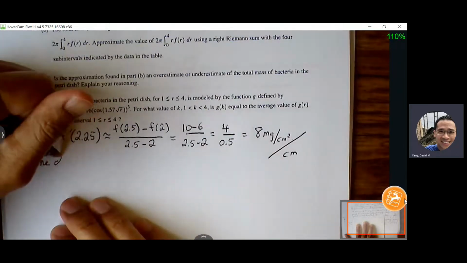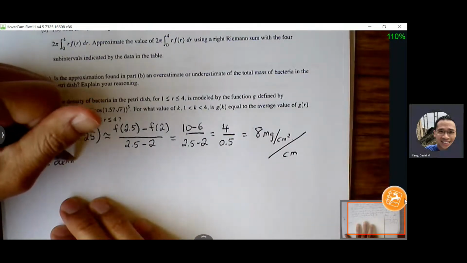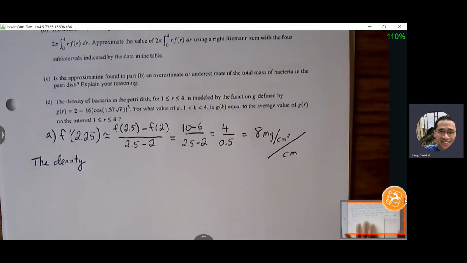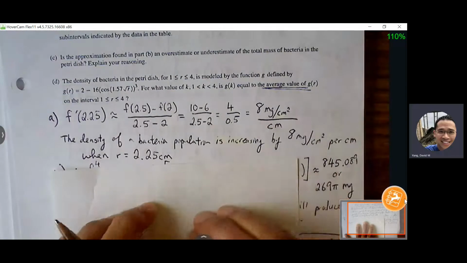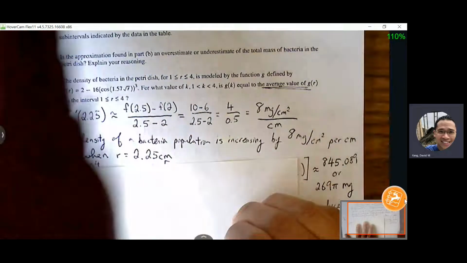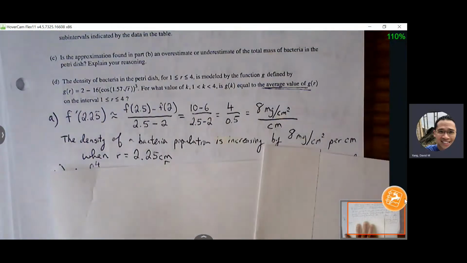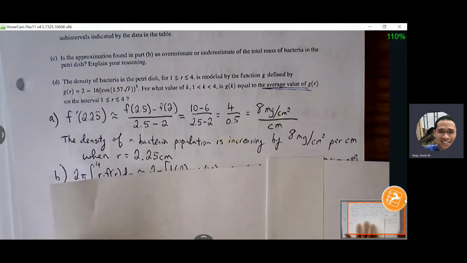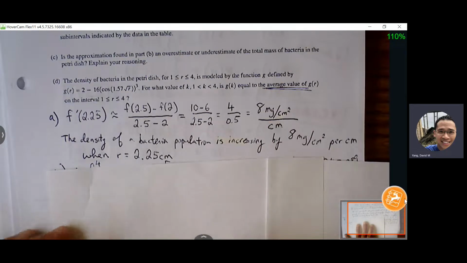Okay, so we can say density of the bacteria population is increasing by 8 milligrams per centimeter squared per centimeter, or you can write it as 8 milligrams per centimeter cubed, when r equals 2.25 centimeters.